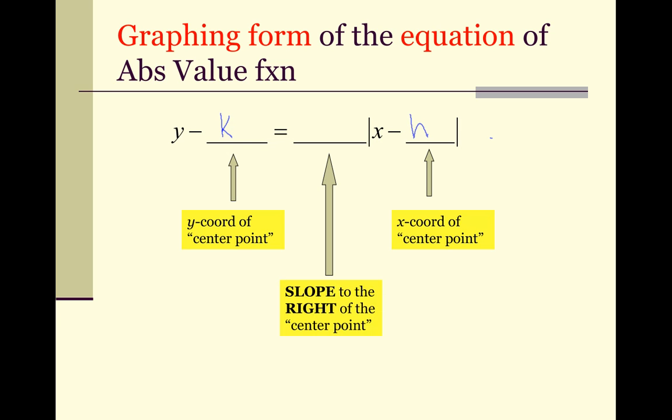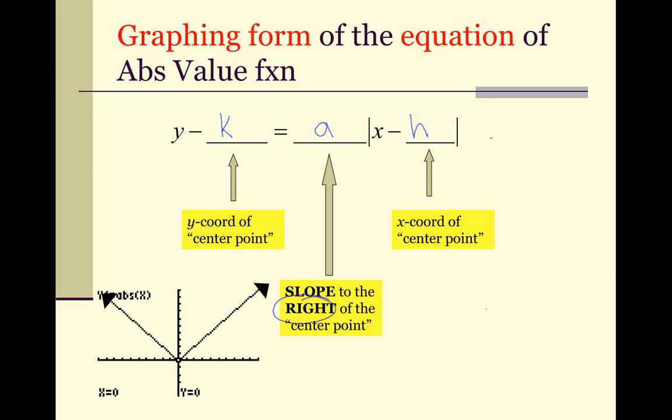This right here is going to be the slope to the right of your center, A. Right? So there's another slope, right? That's why I'm saying the slope to the right of the center point. This is the slope to the right.